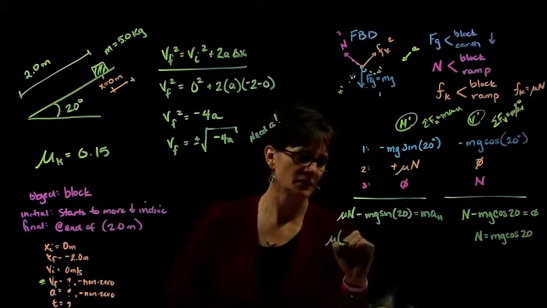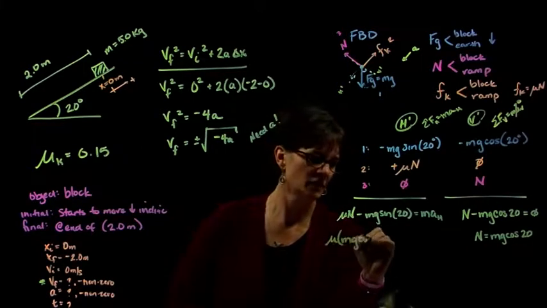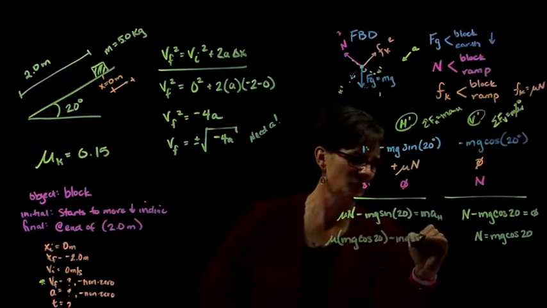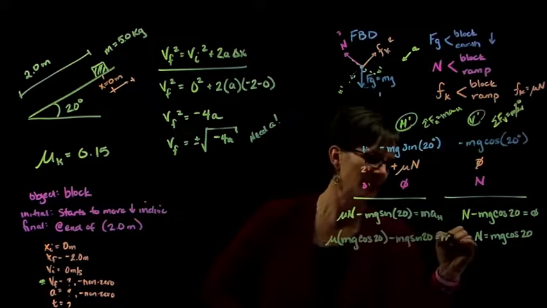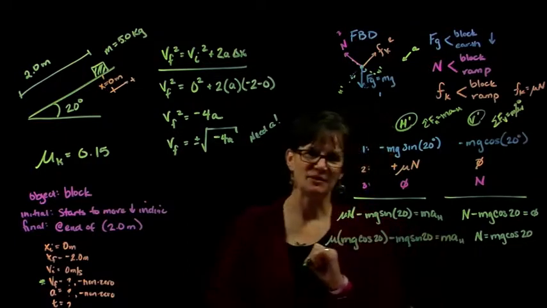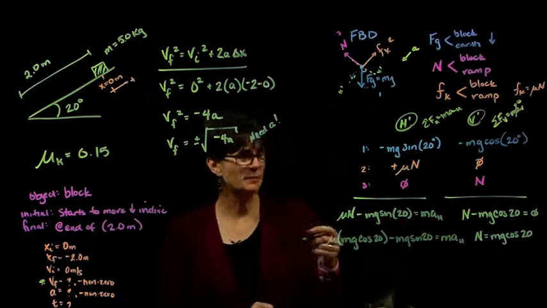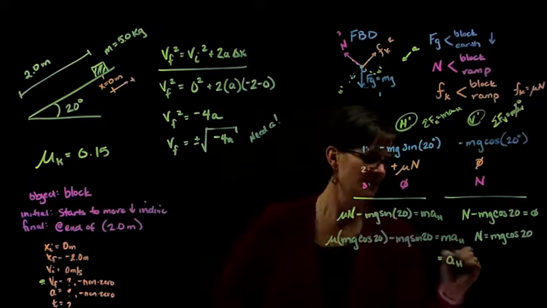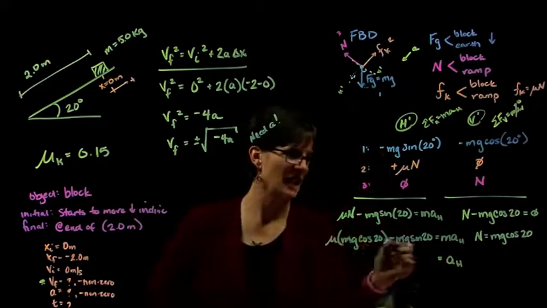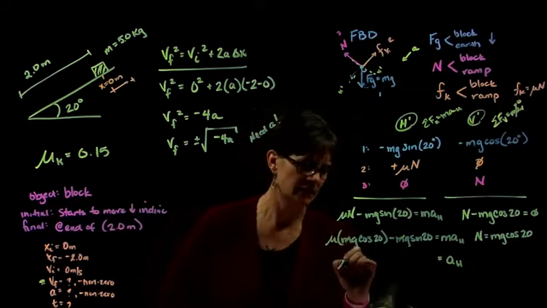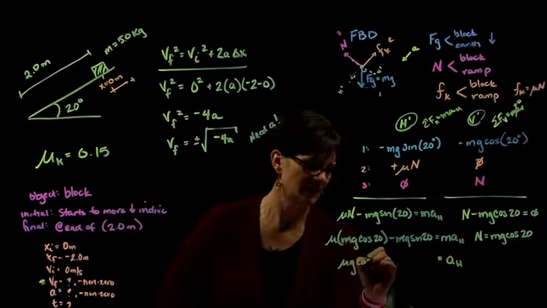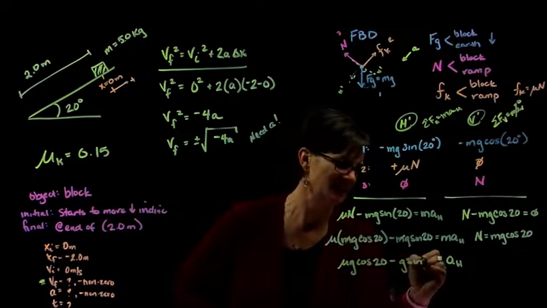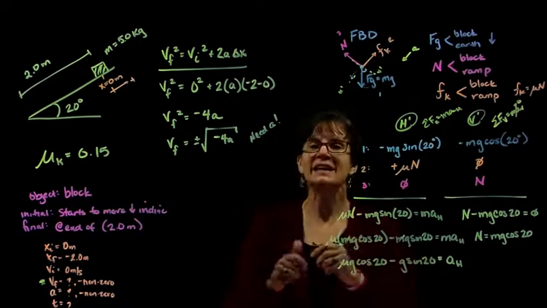So I have mu times mg cosine of 20 minus mg sine of 20 equals my mass times my acceleration. I'm dividing my mass out of the equation. Mass is in every term, so it will cancel. We have mu times g times the cosine of 20 minus g times the sine of 20 equals my acceleration.